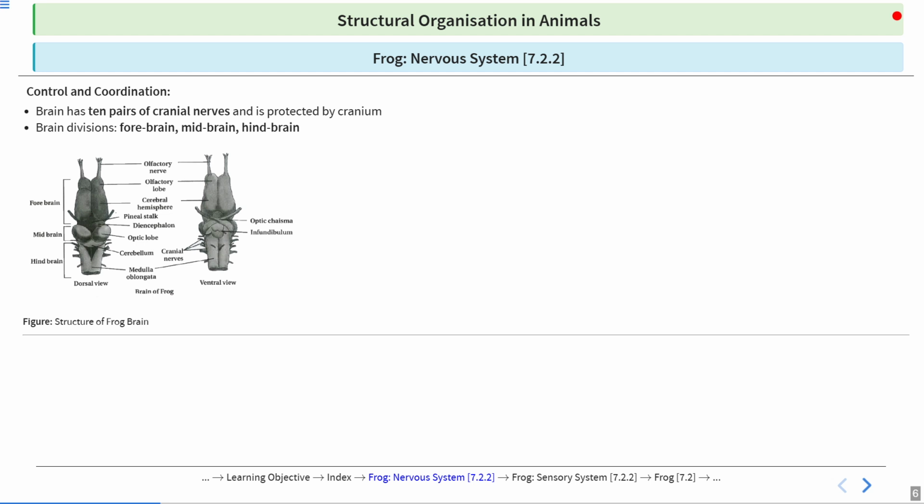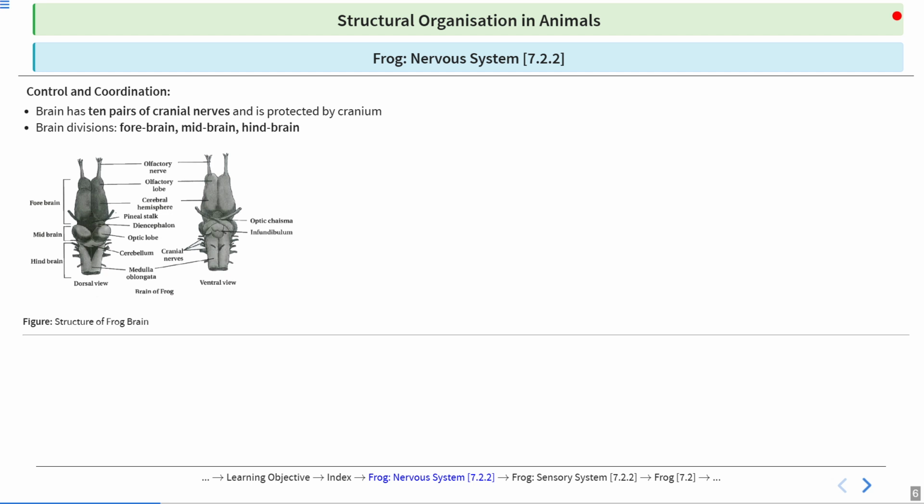Infundibulum is a funnel-shaped structure that connects the hypothalamus to the pituitary gland. Okay. And they are part of the midbrain. So they are the connection with the hypothalamus.